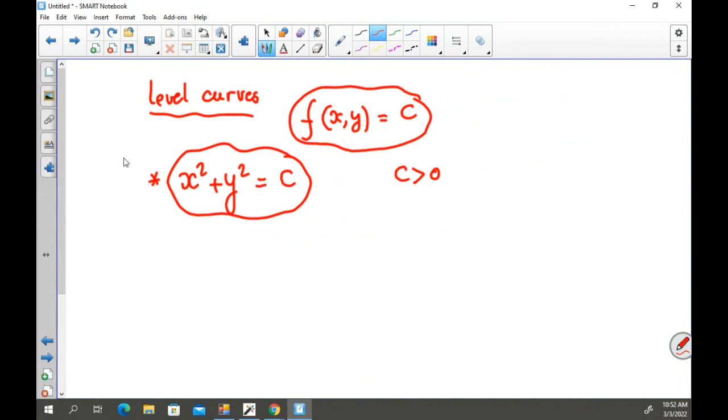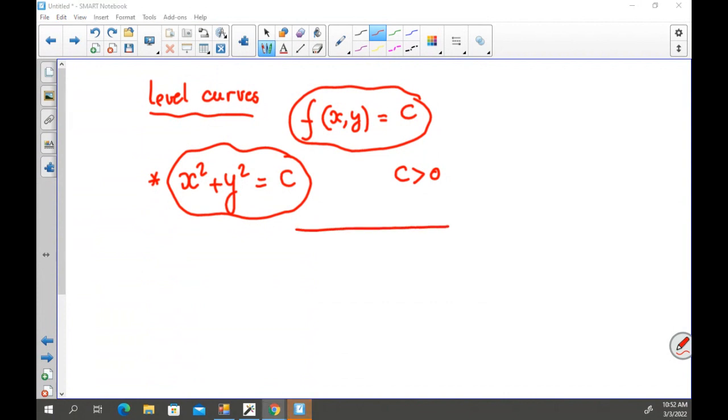What are these equations? For example, x squared plus y squared equal to 4. What is it? Is it a circle? Is it a parabola? Is it a straight line? Is it a sphere? It's a circle, of course, yeah? x squared plus y squared is a circle. So the answer here is circle.